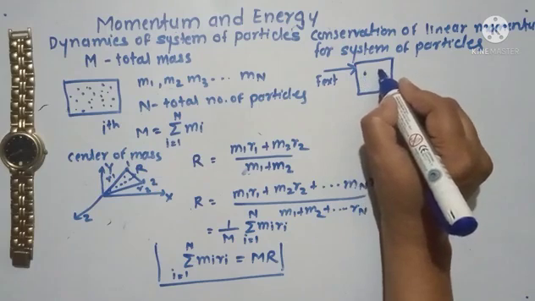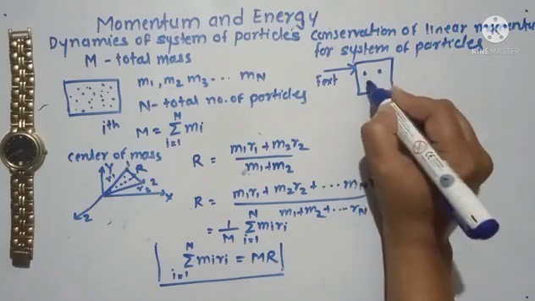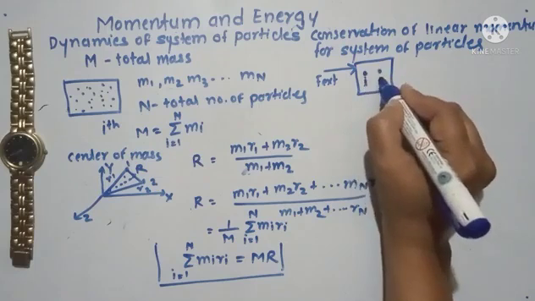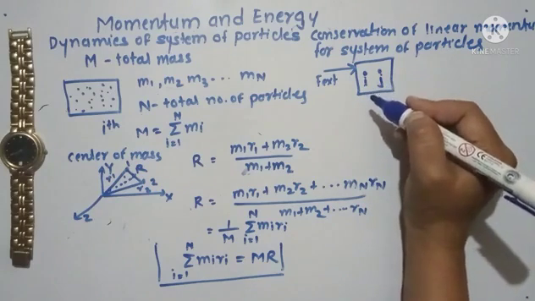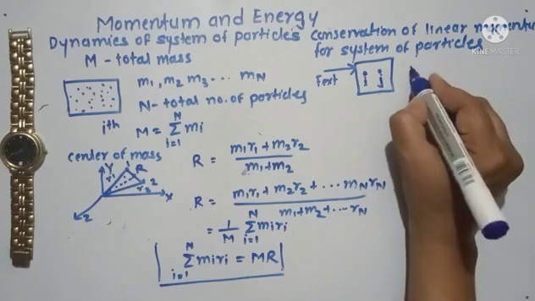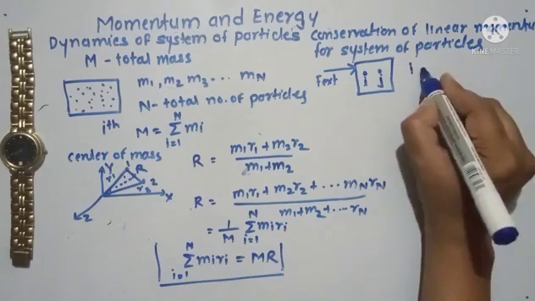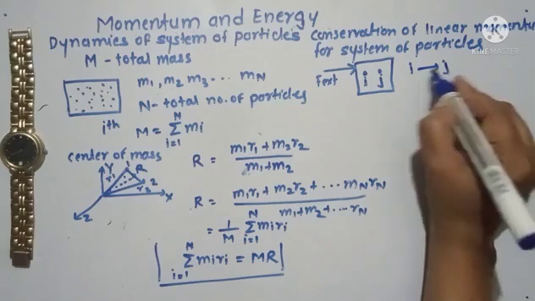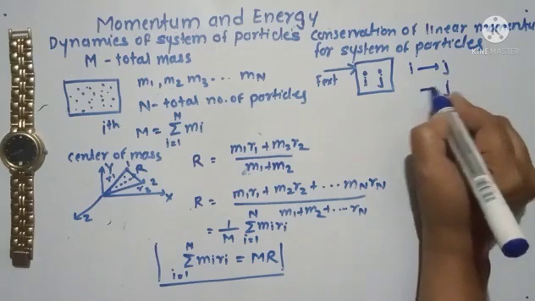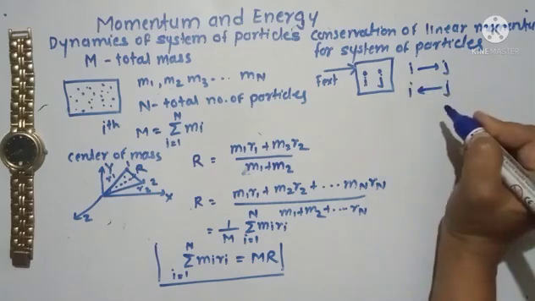Suppose this is particle i, and let me call this particle j. According to Newton's third law, whenever this ith particle applies force on the jth particle, an exactly equal and opposite force is applied by the jth particle on the ith particle.